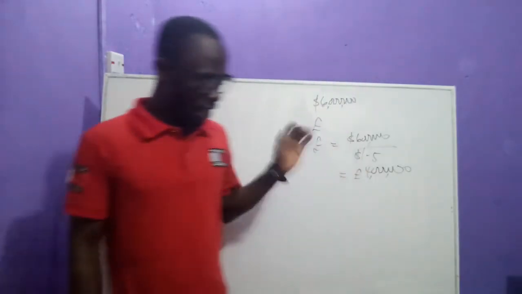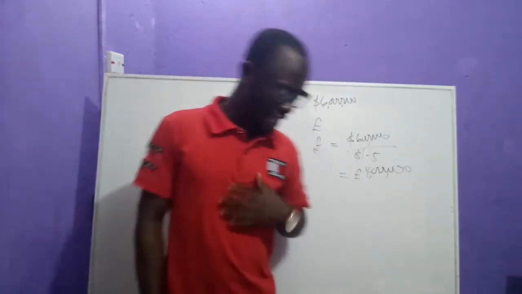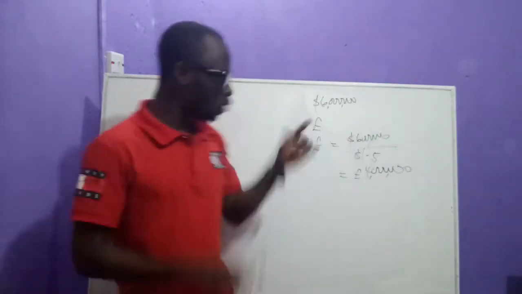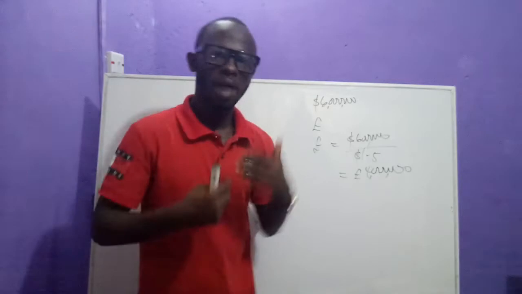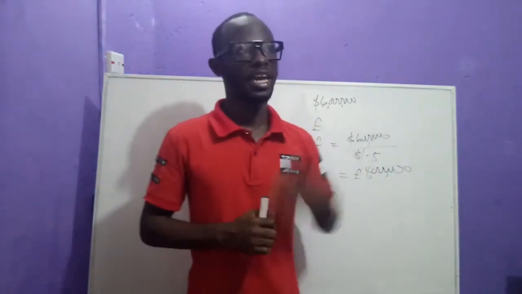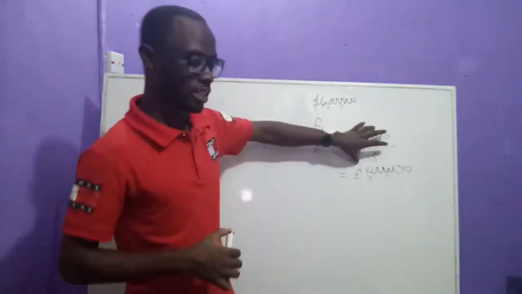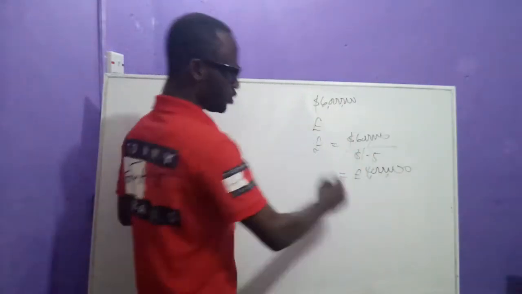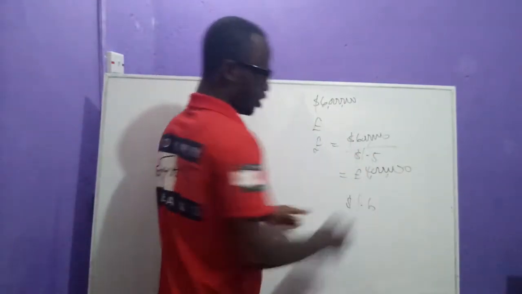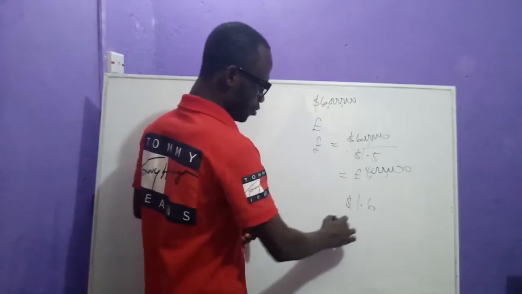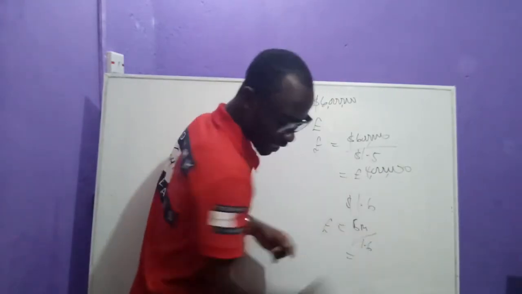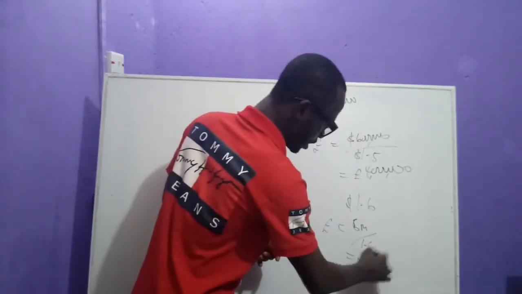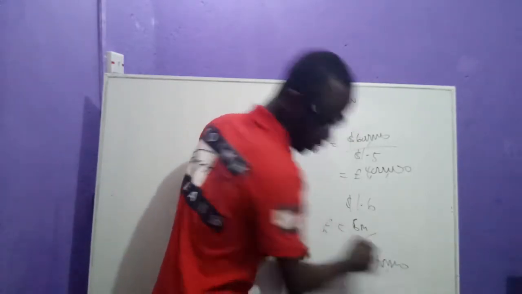Now, if the spot rate at the exercise date moves to 1.6, this is the scenario now. If we buy the option that, okay, in 3 months time we can buy at this very price, and at the exercise date it moves to 1.6, what do you think will happen? It means we will be paying 6 million divided by 1.6, and that will be 3,750,000 pounds.